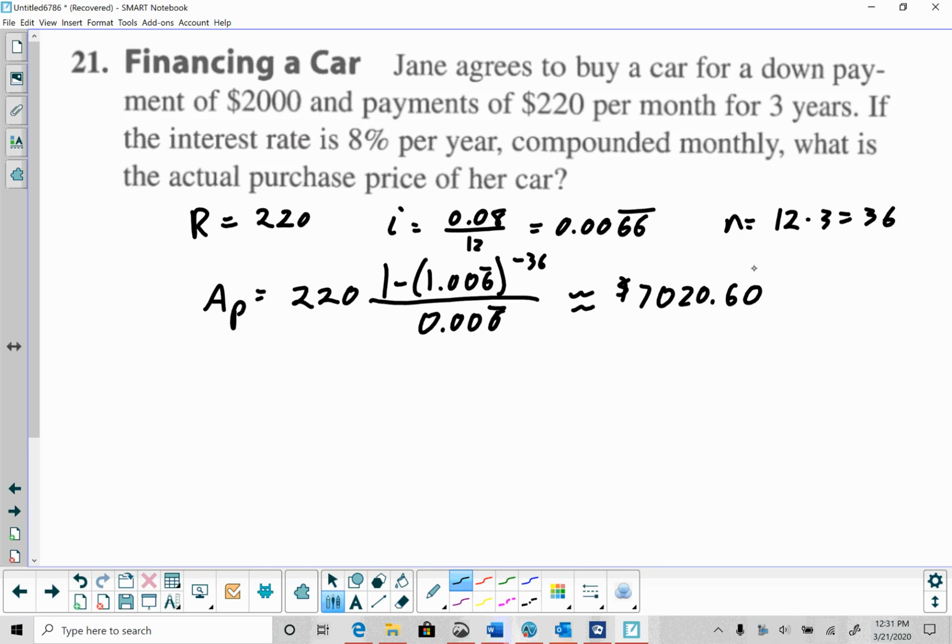If you're making that down payment, you're lowering the price that you're paying for the, well, you're not really lowering the price. You're lowering the amount due. That's $2,000 that you don't have to borrow because you've saved it.